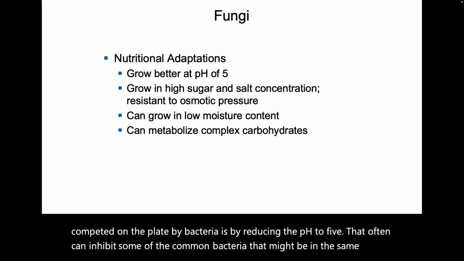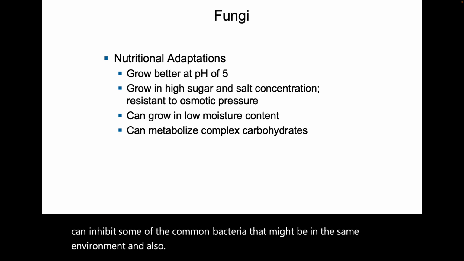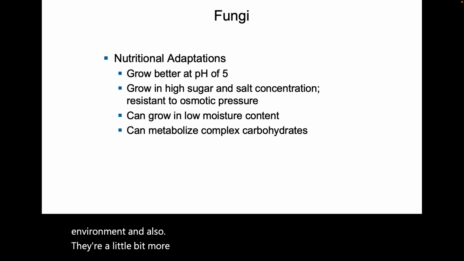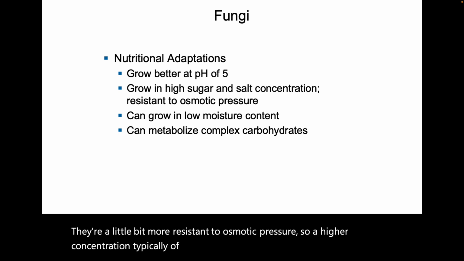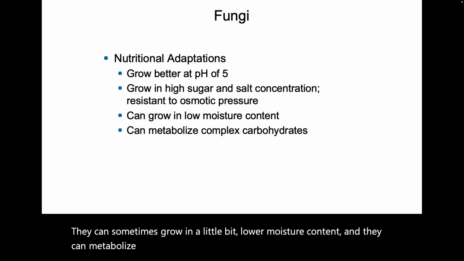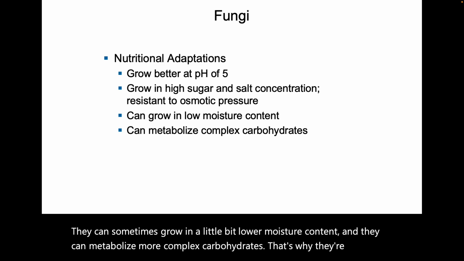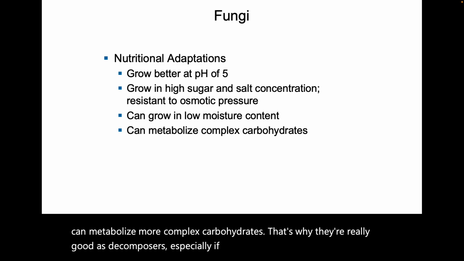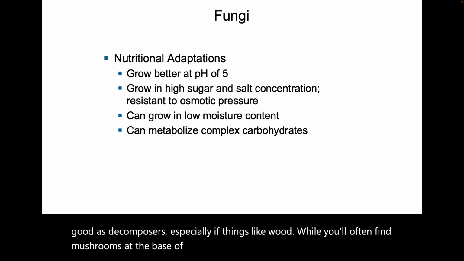And also, they're a little bit more resistant to osmotic pressure, so a higher concentration, typically of sugar, but sometimes salt. They can sometimes grow in a little bit lower moisture content, and they can metabolize more complex carbohydrates. That's why they're really good as decomposers, especially of things like wood, why you'll often find mushrooms at the base of dead or dying trees.